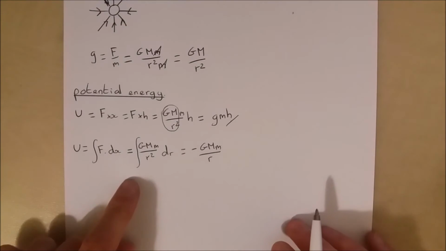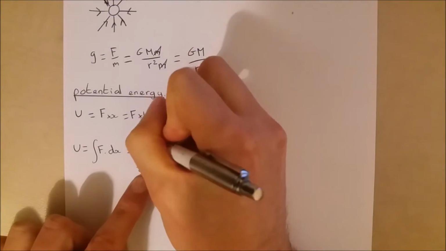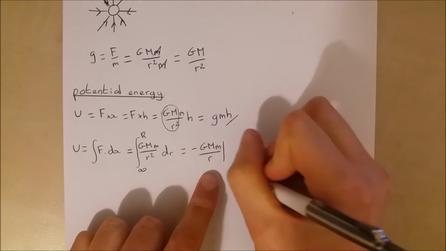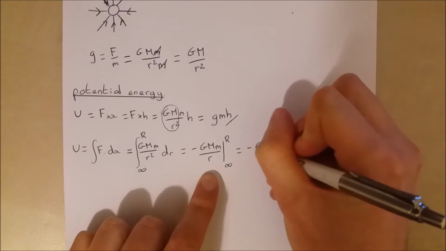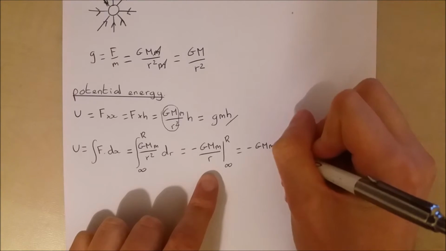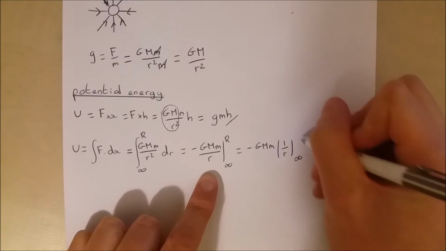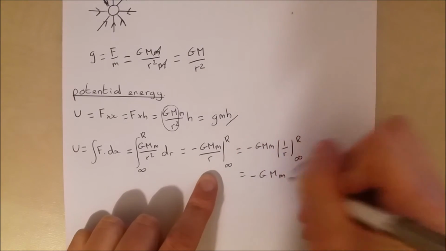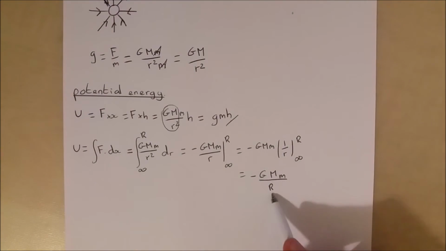So if you want to be picky with this, you can have the limits going from infinity to a distance r, and that's going to be evaluated from these two limits, which is going to be minus, you can factorize that out, and then you have 1 over r, evaluated between infinity and r, and that is minus GMm over r, and this is the same result that we had here without the limits.